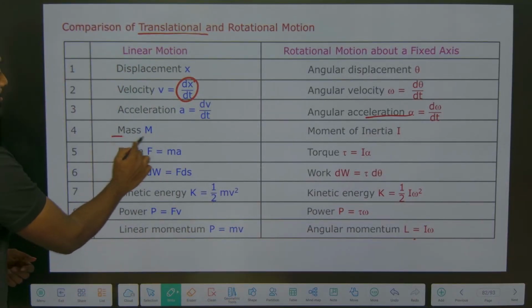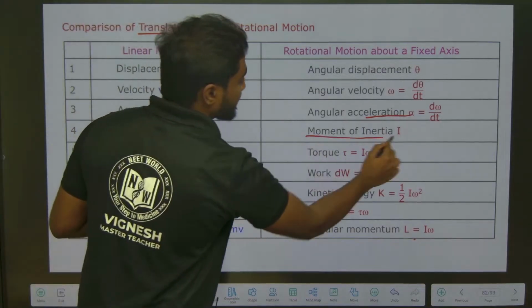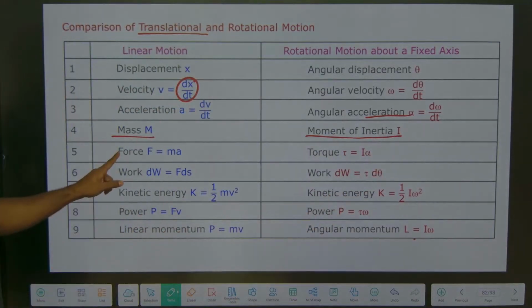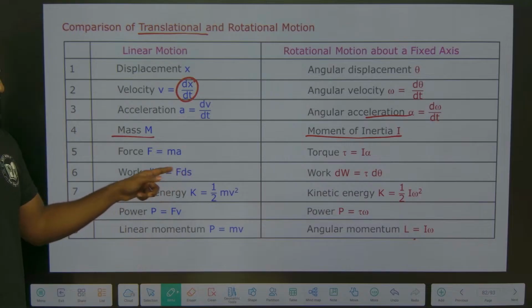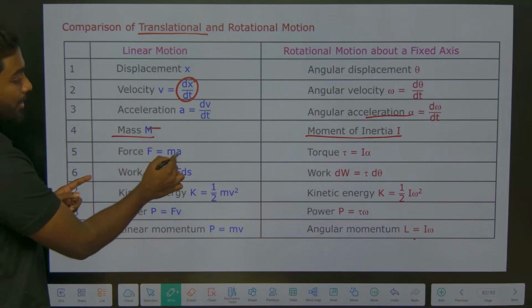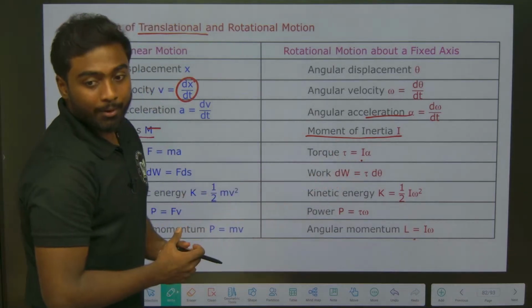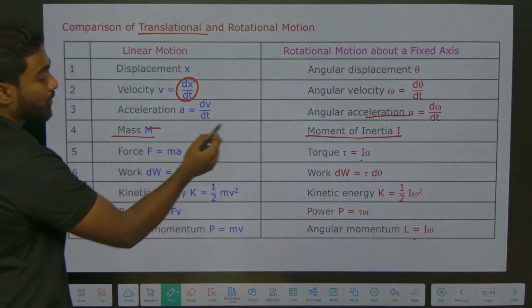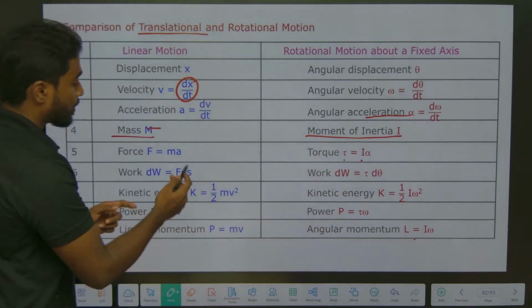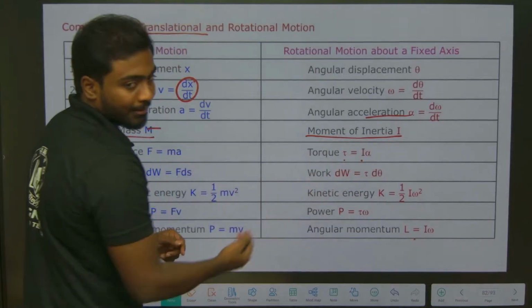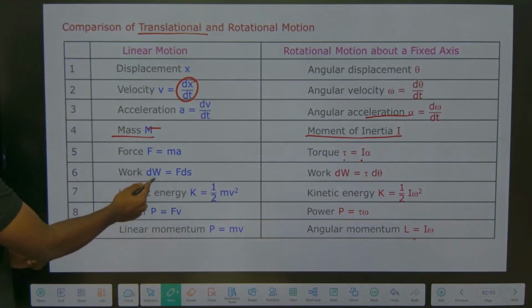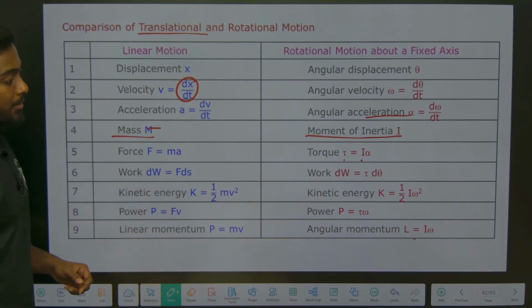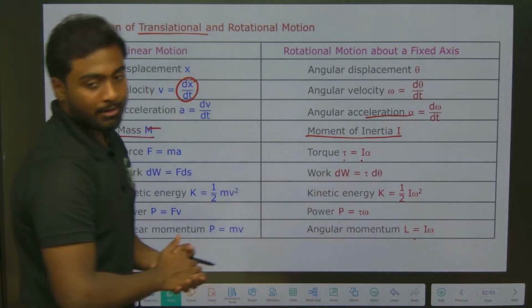Mass corresponds to moment of inertia I here. Force is mass into acceleration, so in terms of mass I should consider moment of inertia, in terms of force I need to consider torque, and in terms of acceleration, angular acceleration. Work done is force into displacement; here work done is tau into d theta.